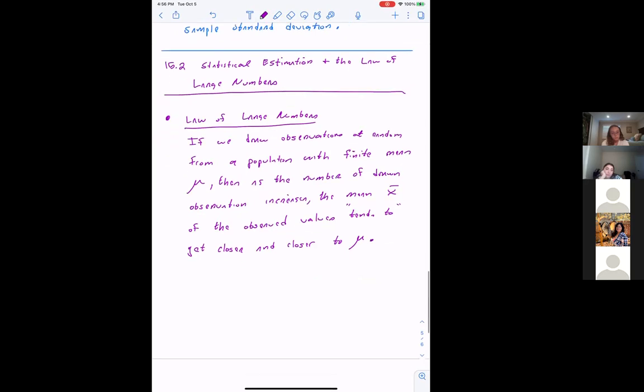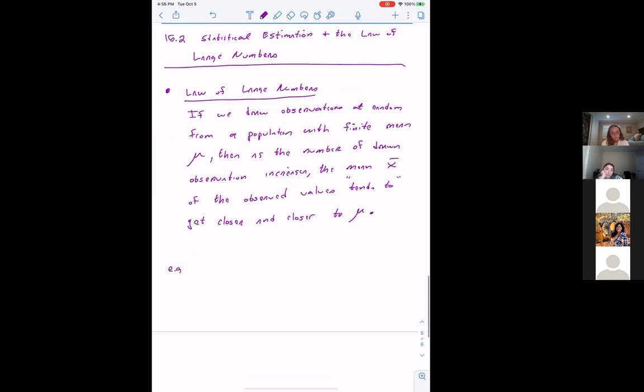So let's just do a quick example. Suppose a population exists with mean mu equals 25.